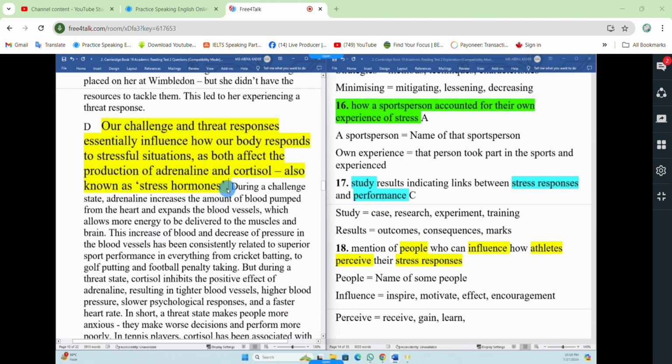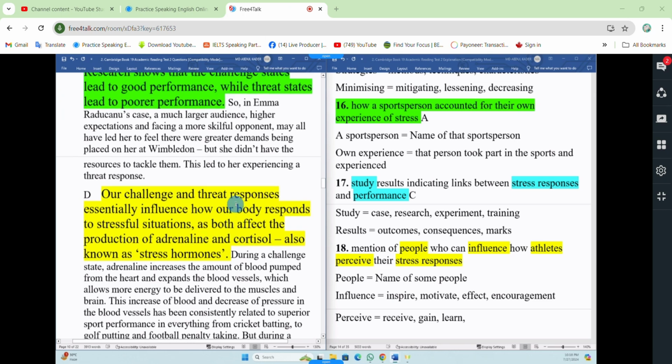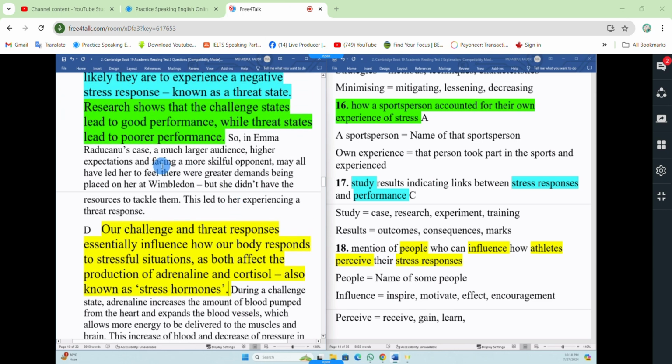Why? Because we can see here our challenge and threat responses essentially influence. So challenge responses and threat responses, because in our previous paragraph we got the word challenge state, that means challenge response and threat response.